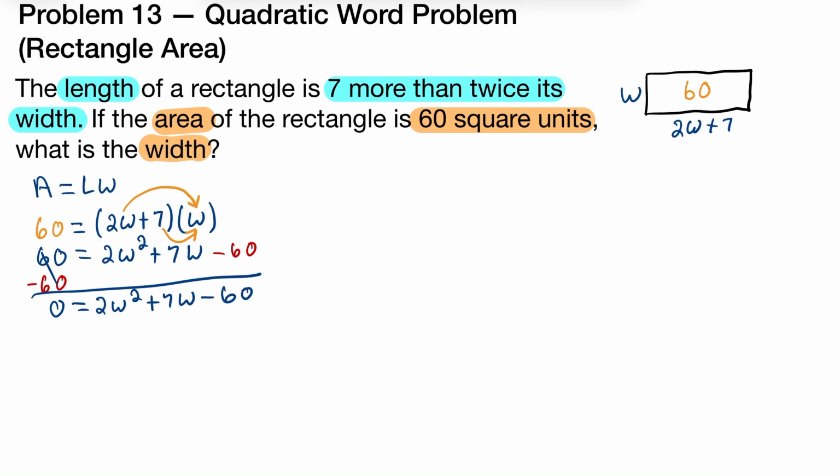And I'm just going to rewrite this to where it is equal to 0. So 2w squared plus 7w minus 60 equals 0.